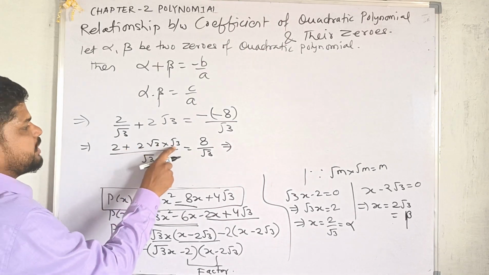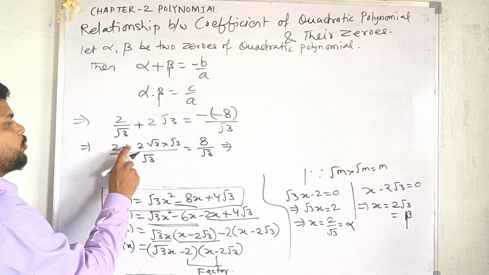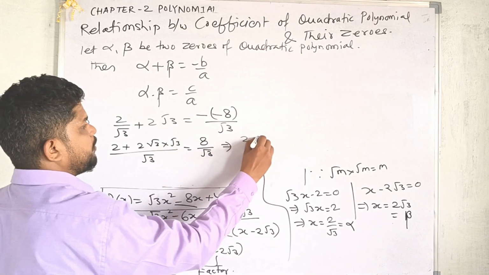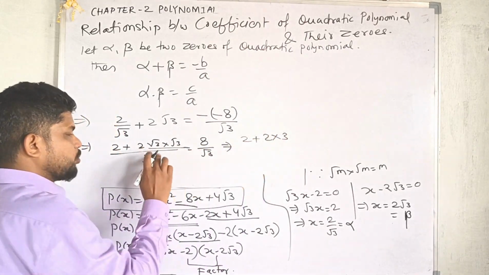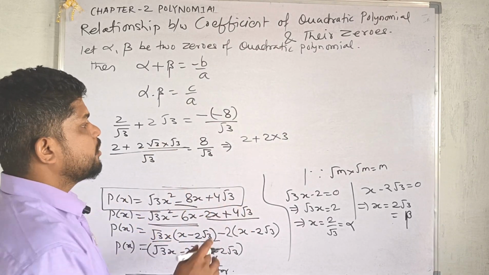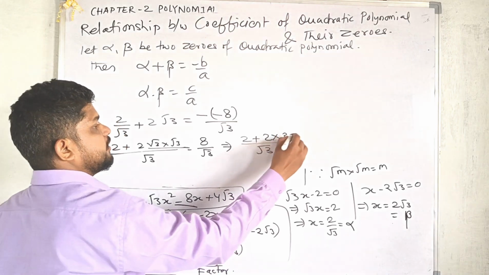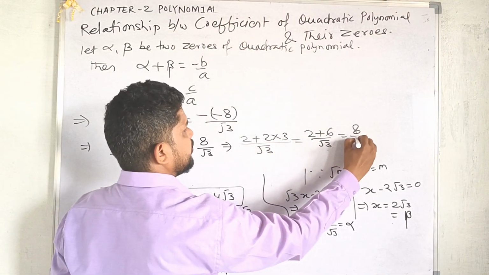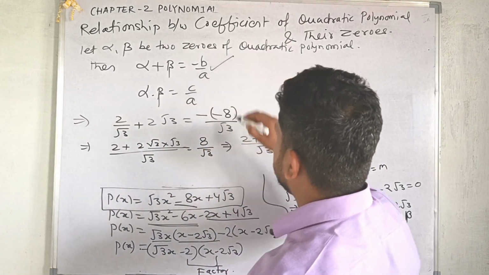So 2 plus 2 into 3, which is 6. Root 3 into root 3 is just 3. And divided by root 3. 2 plus 6 upon root 3 is 8 by root 3. Hence, it is satisfying this condition.